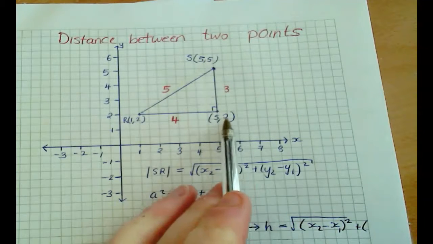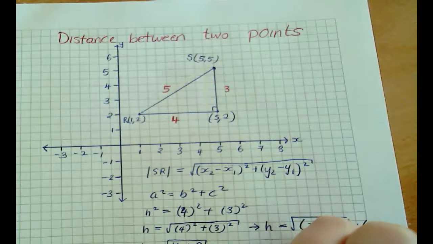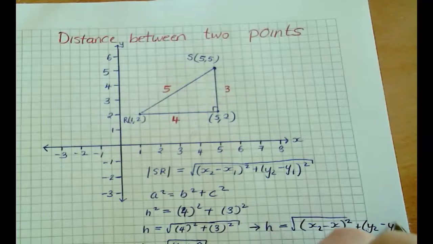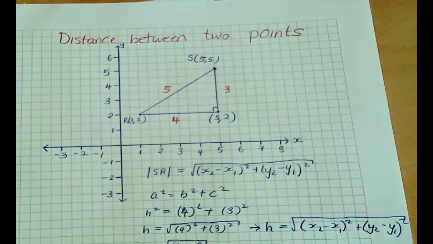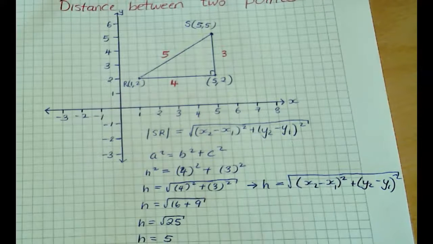So it's 5 take away 2 is 3, so y2 minus y1 all to be squared. So finding the distance between 2 points is really just the Pythagoras' theorem formula, just written slightly differently.